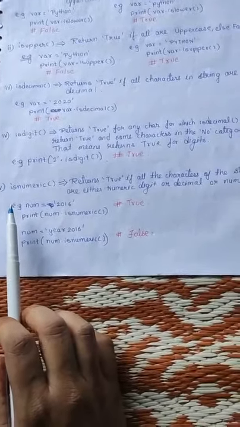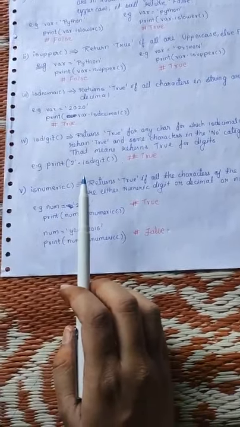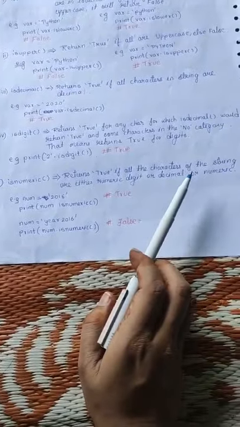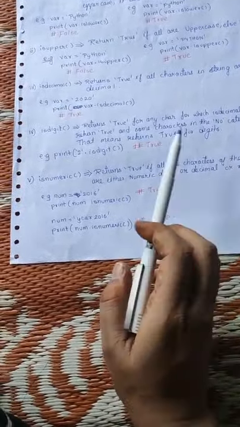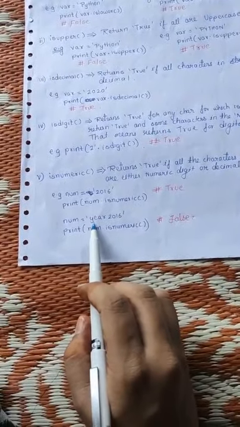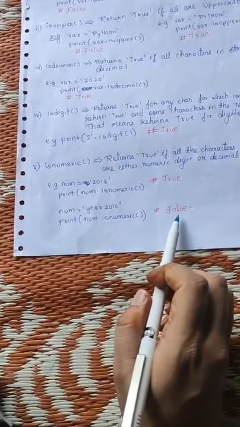That means it is going to give me the answer true if all the characters of the string are either numeric digits or decimals. For a combination of characters, that is alphabets and digits, it is going to give me false.